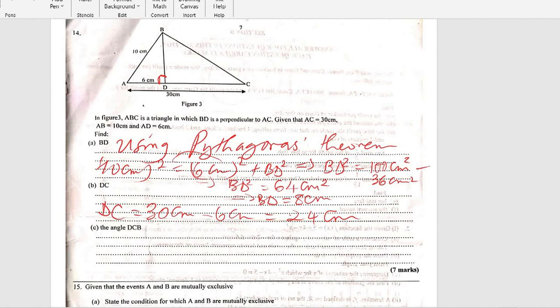The angle DCB: when you hear the angle DCB, take note, the middle letter tells us where the angle is found. So the angle is here. And for us to have this angle, do you know DC? Yes, DC is 24 centimeters. Do you know BD? BD is 8 centimeters. So what then? We have the opposite, and we equally have the adjacent.